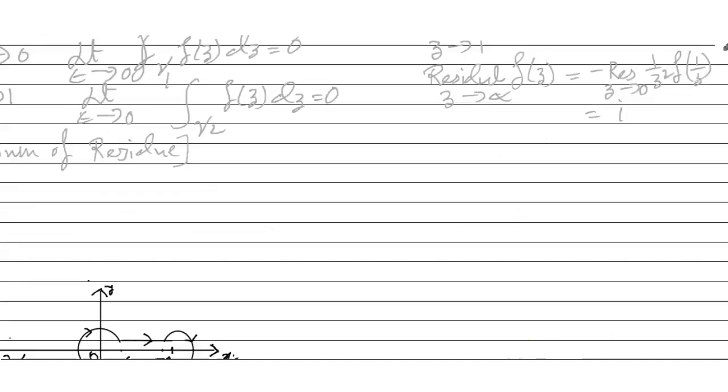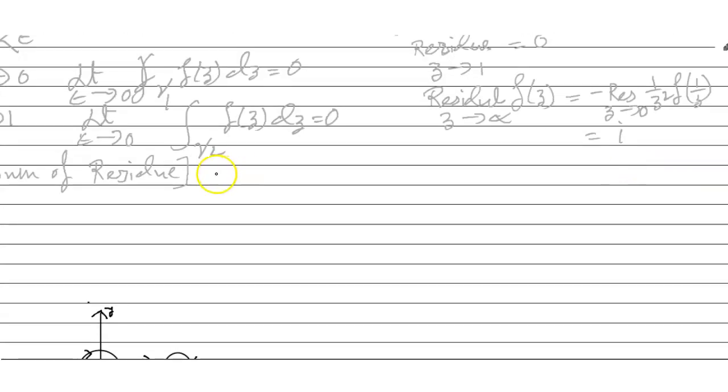So we get the value 1 by 2 to the power 1 by 4 times e to the power minus 5 pi i by 8 plus e to the power minus 3 pi i by 8, plus i.